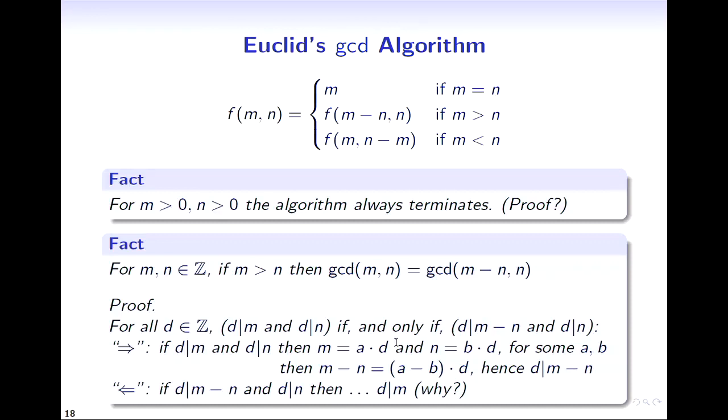So that gives you an example of applying this mathematical reasoning and the definitions that we have to a given algorithm to ensure that this algorithm does exactly what we expect it to do.